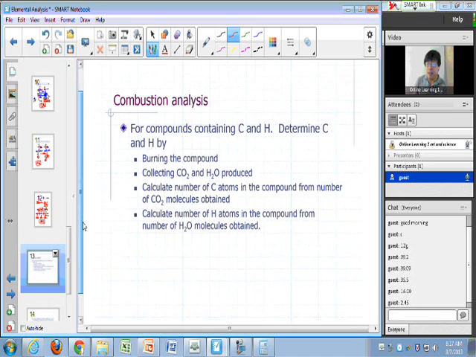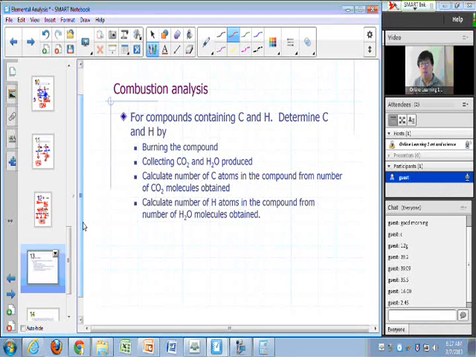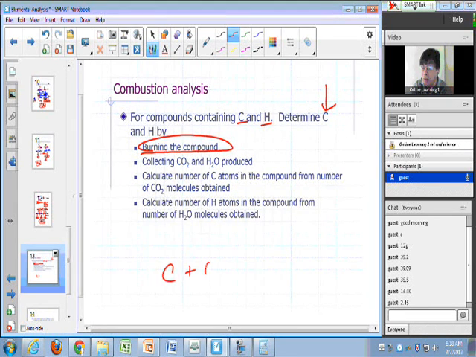Combustion analysis is something we do for what we call organic compounds. These are compounds containing carbon and hydrogen, and it also works for compounds that have one other element besides carbon and hydrogen. Okay? In combustion analysis, you determine how much carbon and hydrogen you have in a sample by burning the compound. Every carbon in your compound combines with oxygen from the air and gives you carbon dioxide.